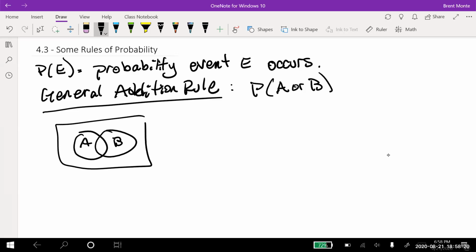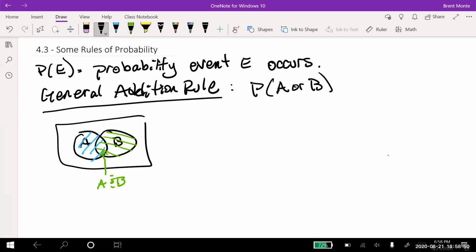and I talk about what constitutes event A? Well, it's all of this. What constitutes event B? Oh, it's all of this. And I have a problem there. My problem is that part in the middle, which we call A and B. We counted that twice. I counted it in A, but I counted it again in B. And so what we need to do is take one of those out of there.